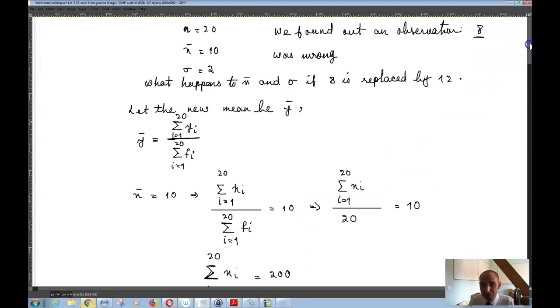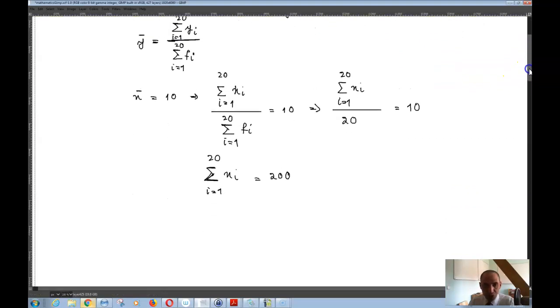Now what I need here is the sum of the observations when the mistake is taken care of, meaning that 8 is taken out and 12 is put in instead.